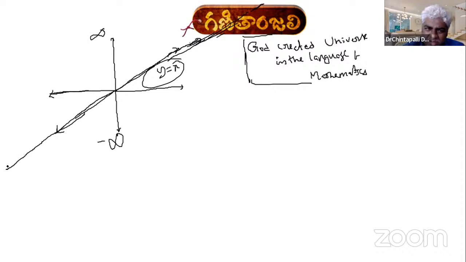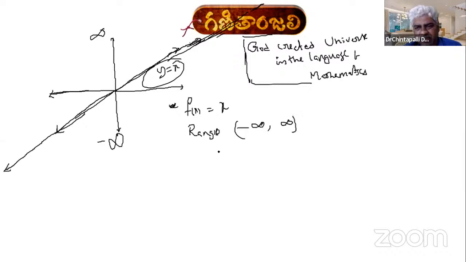That's why, you correctly said, the range of the function f of x is equal to x. As we discussed, the range of this function is negative infinity to positive infinity. Yes, sir. That is the range of the function.